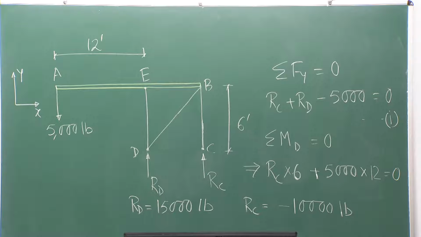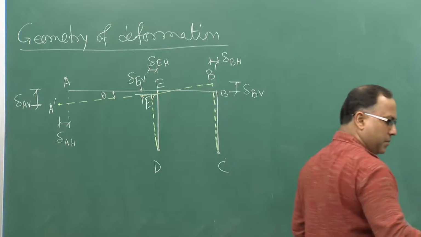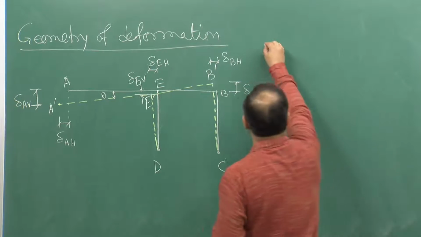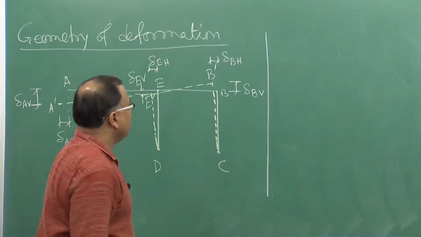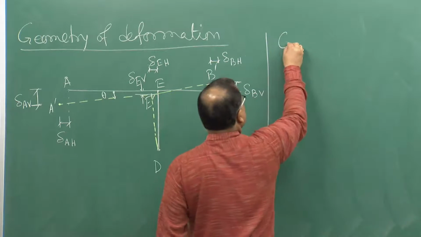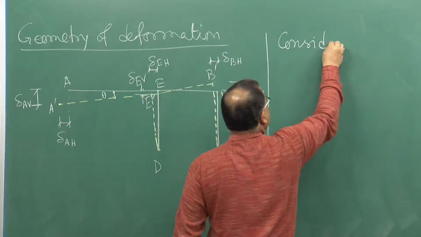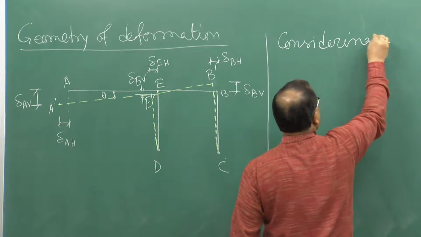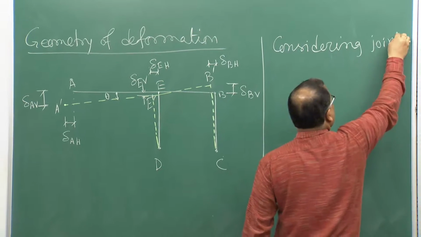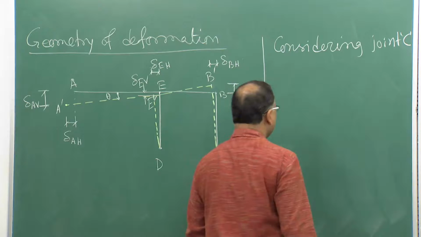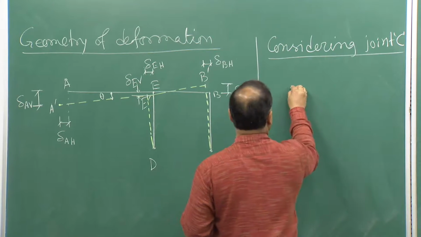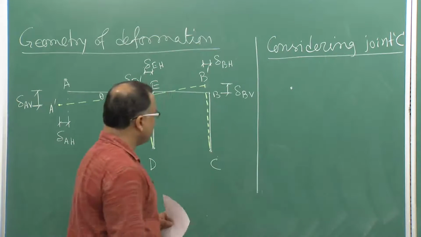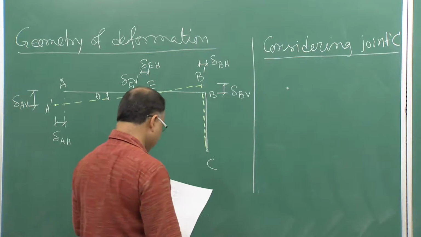Now I will keep this figure because I need this. Considering joint C, RC is acting.